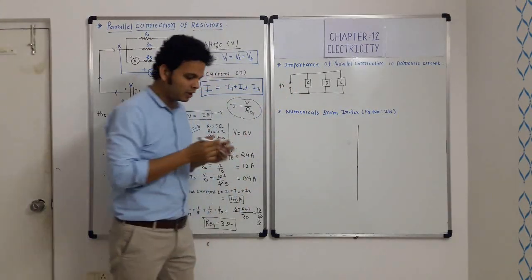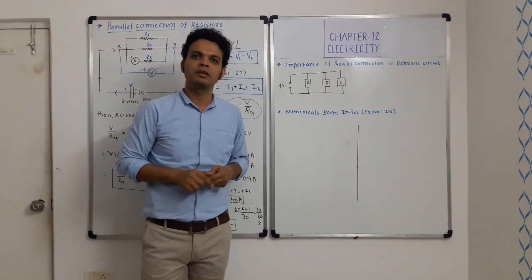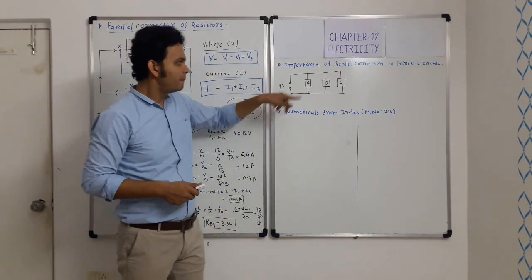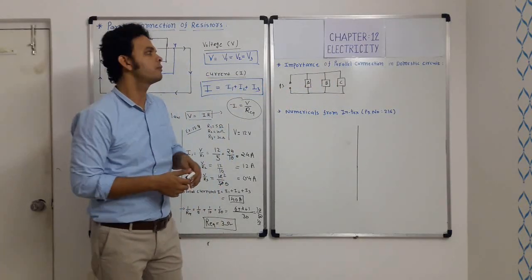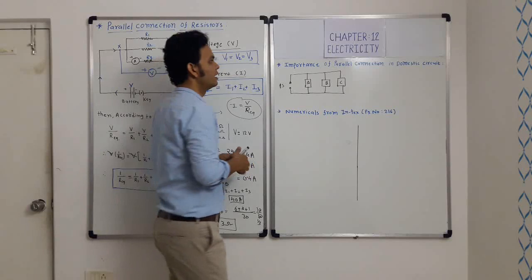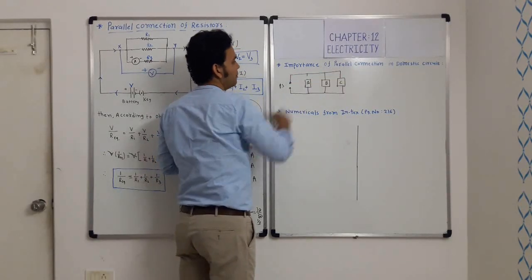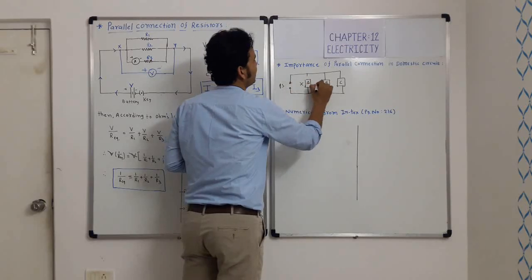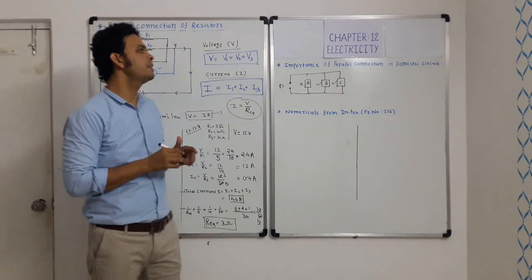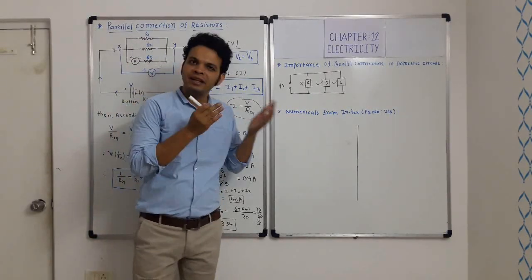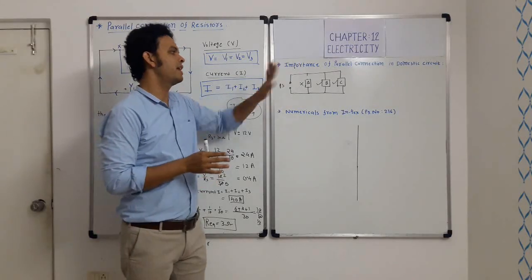You might have heard that 230 volt is given to household electricity supply, but depending on their resistances they may draw different amounts of current. And even if, let's say, the fan gets damaged, we have to repair only the fan. The remaining instruments can still work. So this is the benefit of connecting the different appliances in a household in parallel.